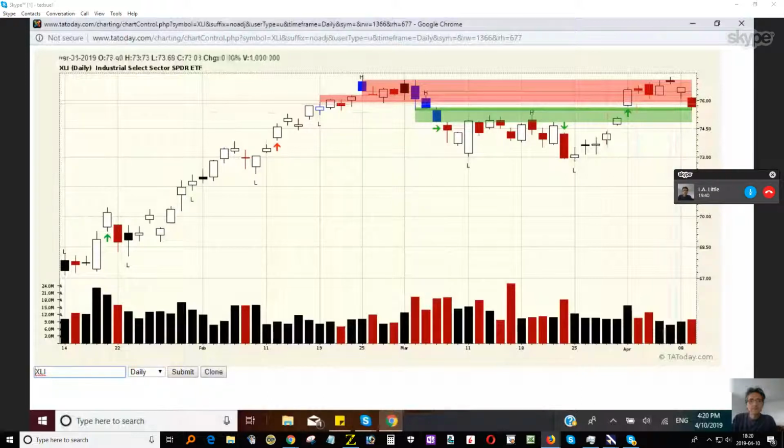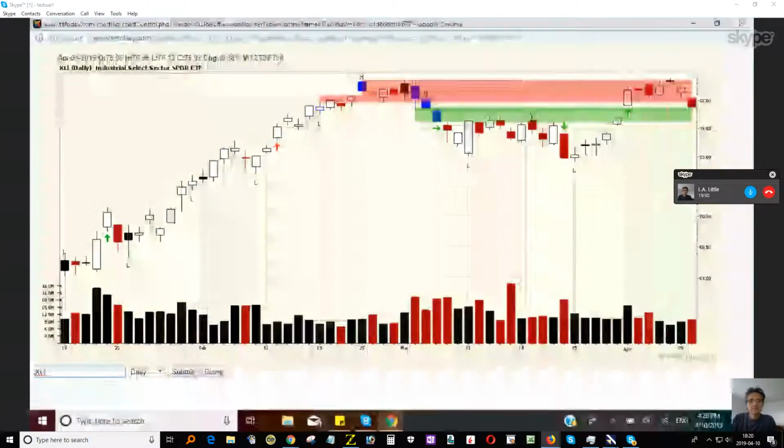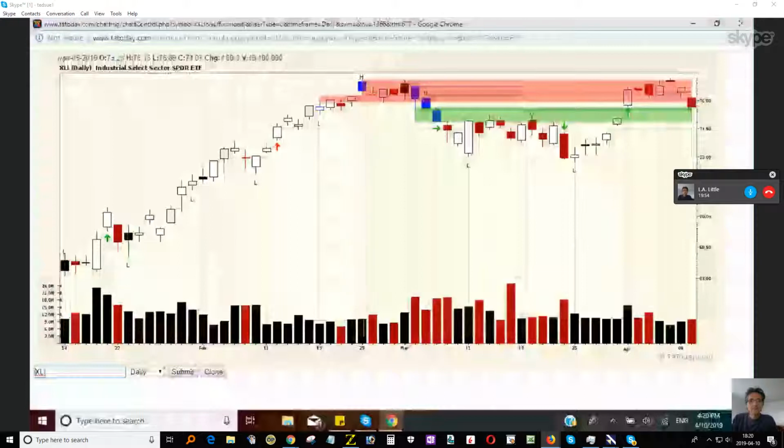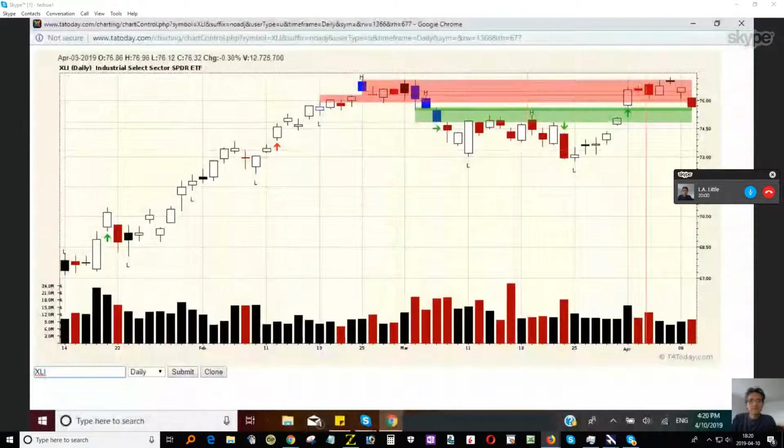Now, at the same time, it did fail. You've got to look at the whole thing, right? It did fail at the top, 77 1/4, and that swing point high was 77.13. So the swing point high from February 25th, it got over it on April 5th on less volume, and got back under it and closed under it, right?